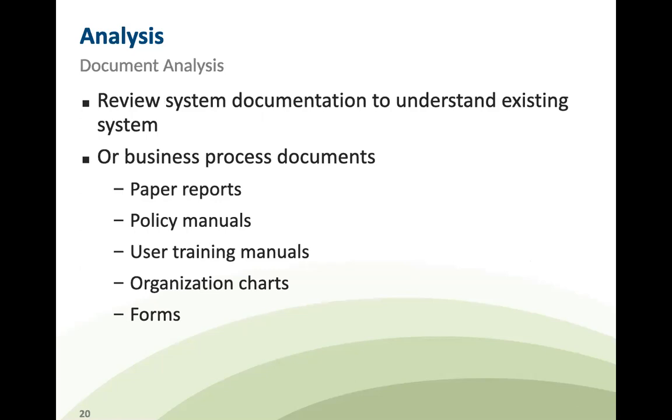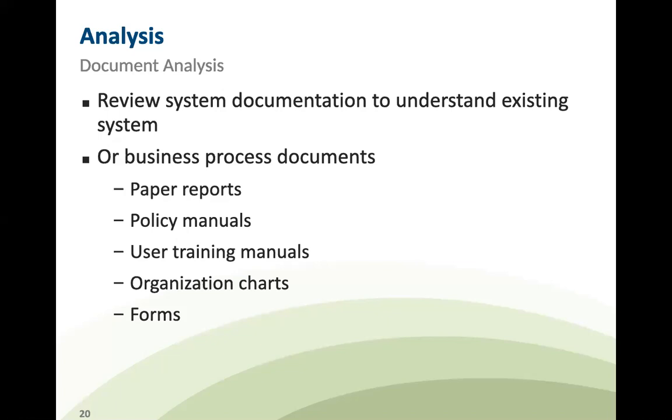Right. Another approach to the analysis is document analysis. Review system documentation to understand the existing system. First of all, you can analyze the existing system by referring to the documentation or business process documents.